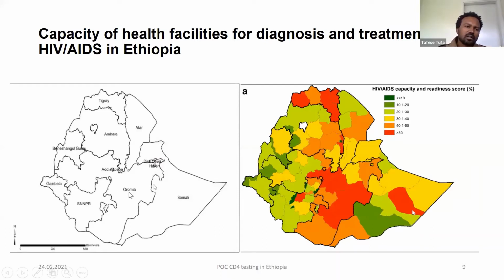There are 9 regions. The red color marks those with capacity and a readiness score of more than 50%, and the rest are less than 50%. You can see the red color in the central Oromia region and in the north part, the Tigray region, so their readiness is good, more than 50%, and also in some part of Somalia.